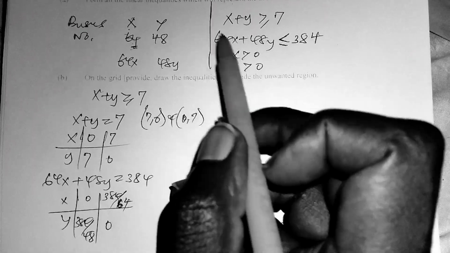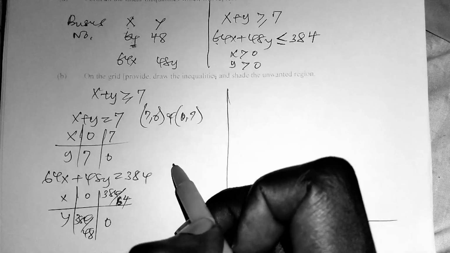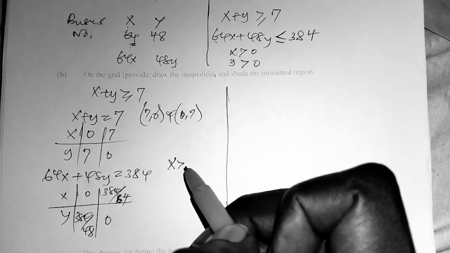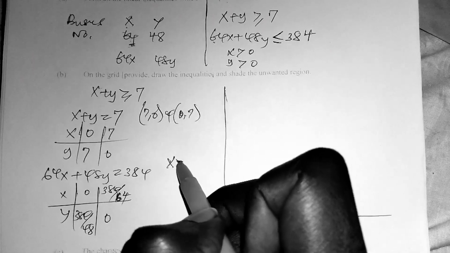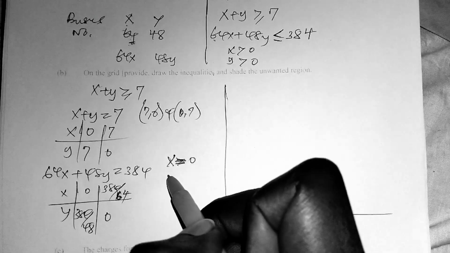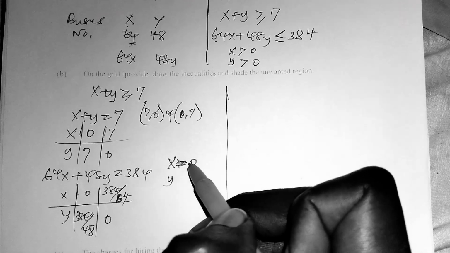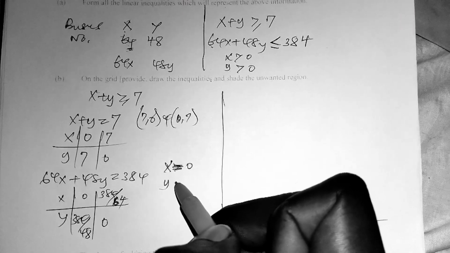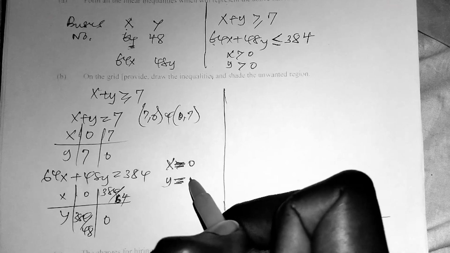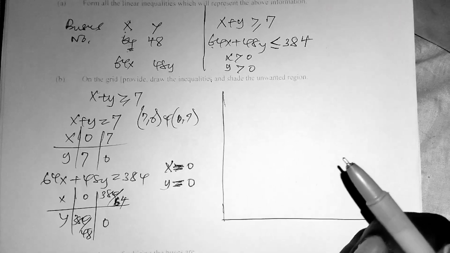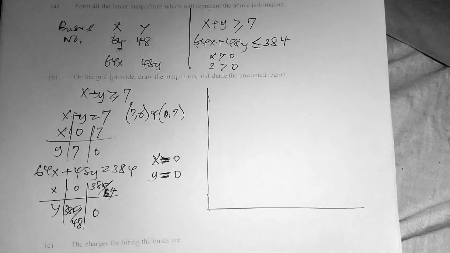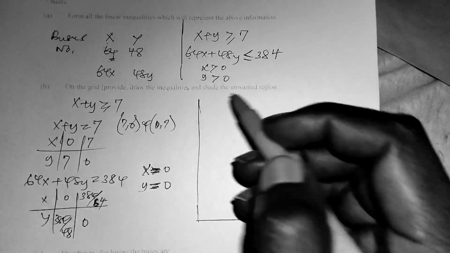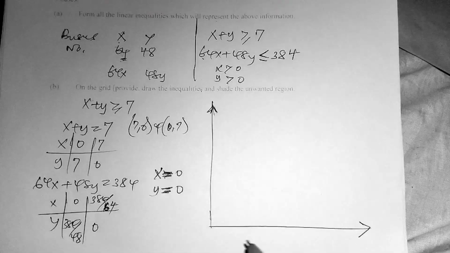Then the other lines: x is greater than 0, so the line x equals 0, and the line y equals 0. So you have the x and the y axis.